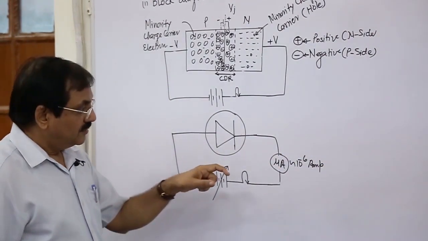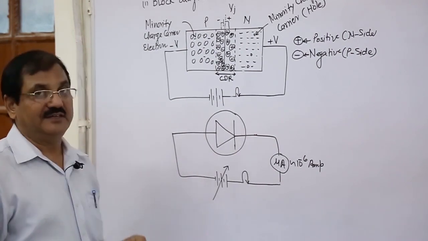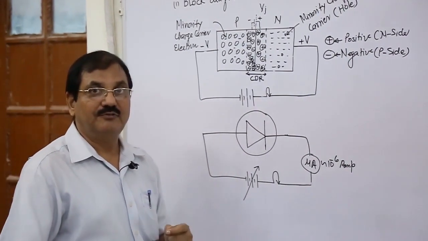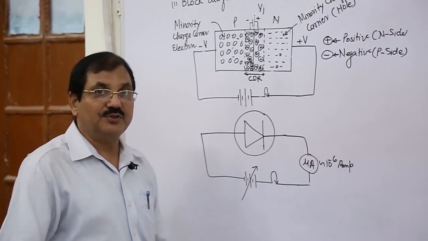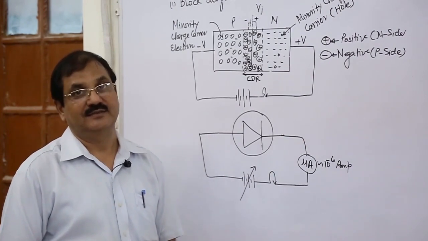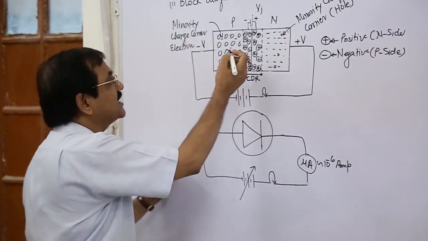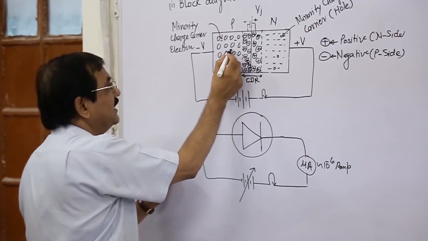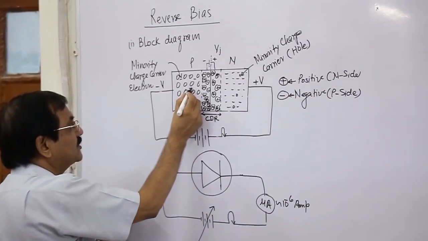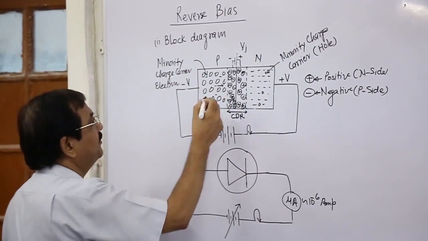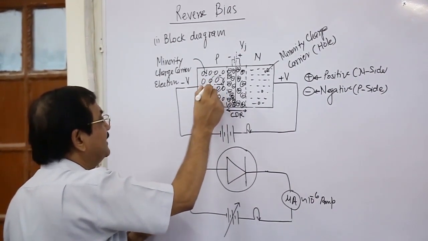This amount of current, which is very small in comparison to forward bias, is due to the movement of minority charge carriers. The minority charge carrier in the p side is this electron, and we can magnify this diagram.